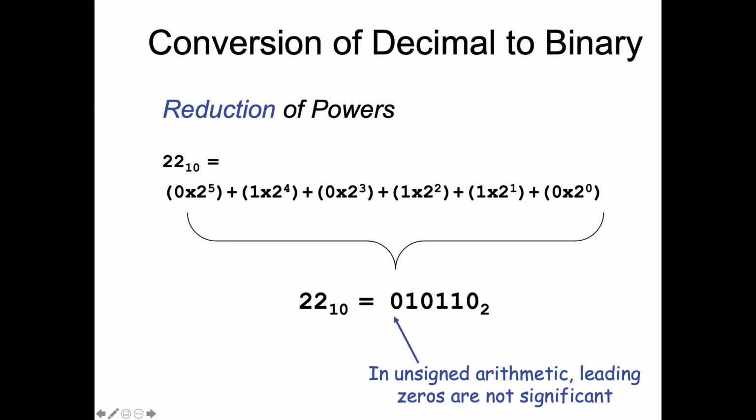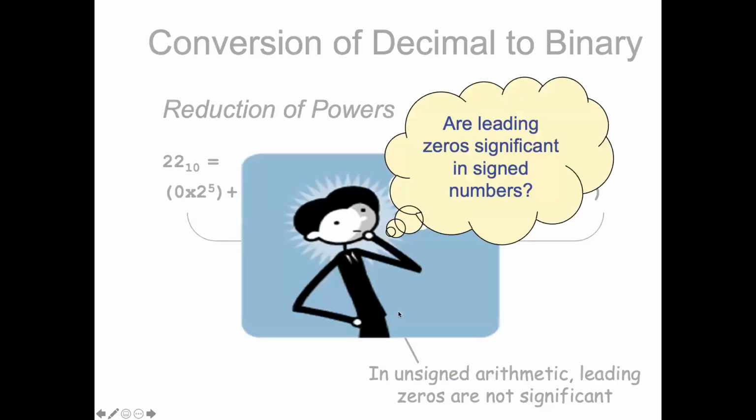So we could just ignore this high order 0. And sure enough, when we did the conversion in the other direction, that's exactly what we started with in binary to get 22. So our conversion worked out correctly. We just ended up with an extra high order 0 that doesn't really matter, at least not for unsigned numbers.